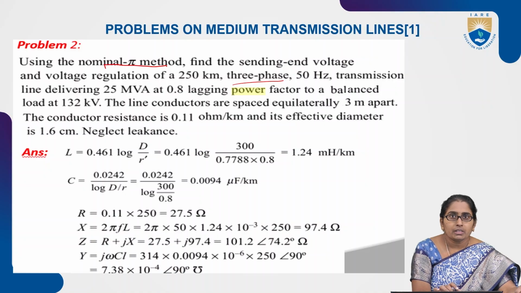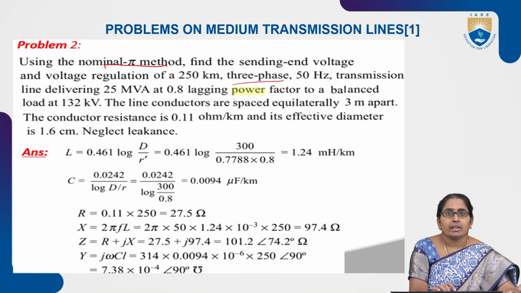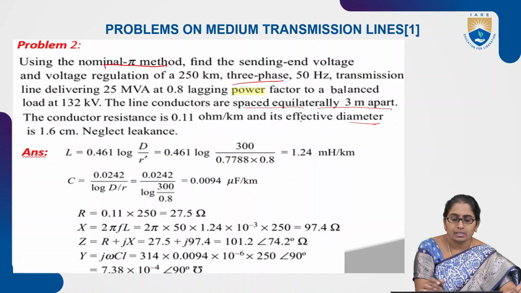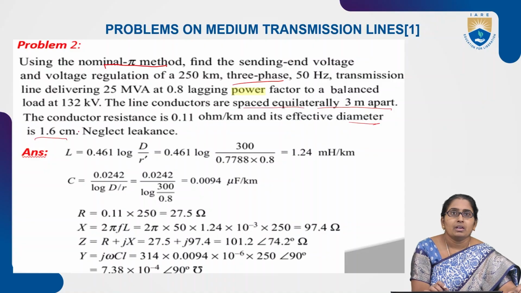Now the line conductors are spaced symmetrically 3 meters apart, the conductor resistance is 0.11 ohm per kilometer, and its effective diameter is 1.6 centimeter. Neglect leakage. They have not given the line inductance and capacitance directly, but they have given the spacing between the conductors, 3 meters, and the conductor diameter, 1.6 centimeter.